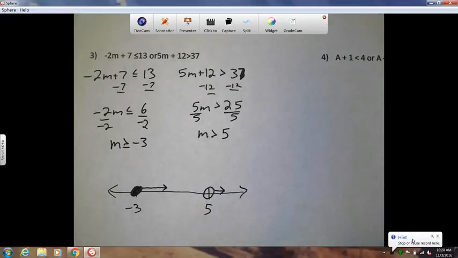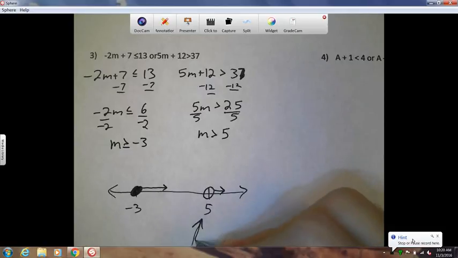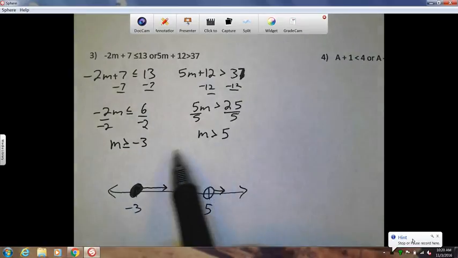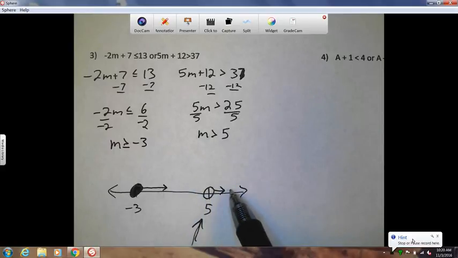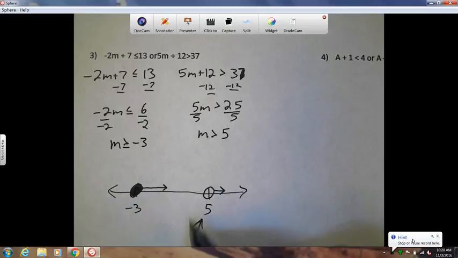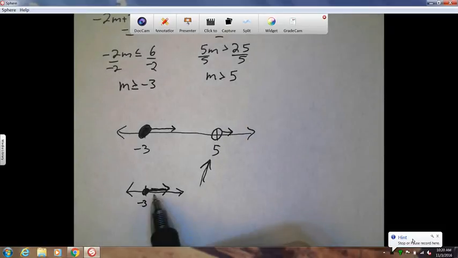If that's the case, this graph is not necessary because it only needs to be one of these. Anything that's greater than 5, of course, is going to be greater than negative 3. So you don't need to graph that. And when you see the answers in the book, you'll probably only see this, because these are all included as something that's already greater than negative 3.